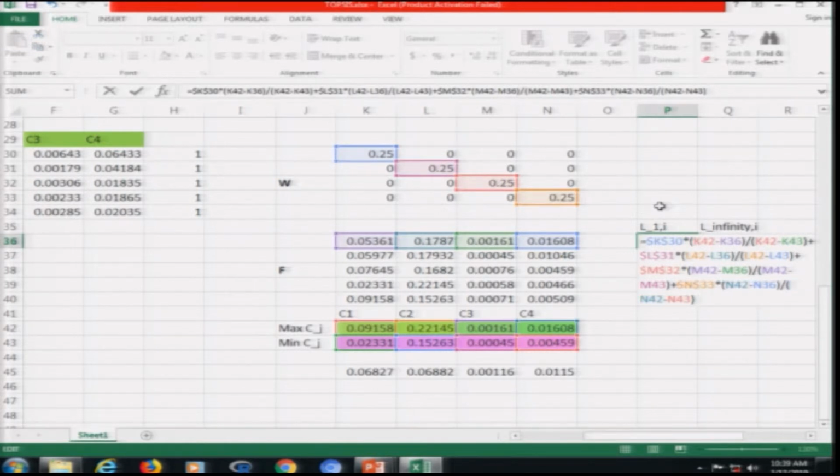So, weights are fixed. Now, we also need to finalize and fix the maximum value. I am only fixing the maximum value for the time being.